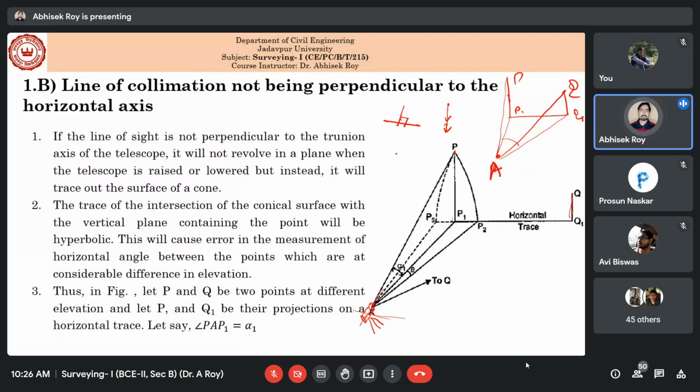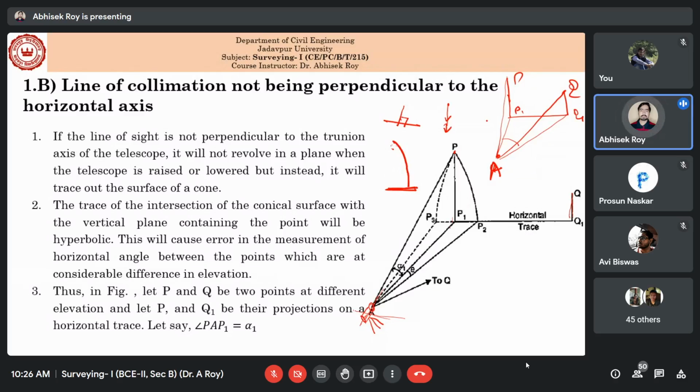Rather, it will give you a curved path like a cone. This sort of path it will give. So this is by experience. When you observe the measurements through this one, you will see this kind of path will follow. This is scientifically proven.